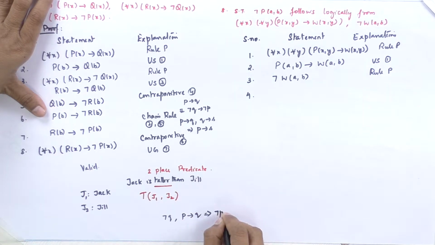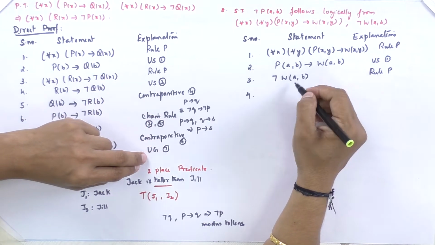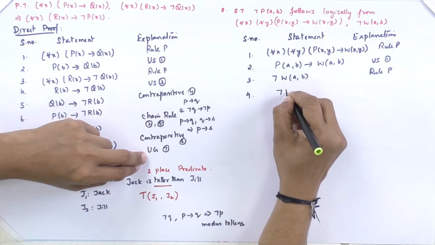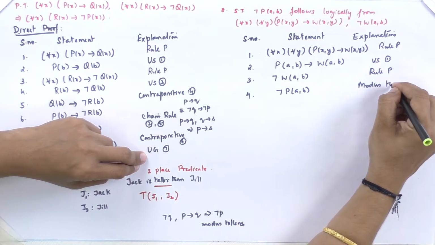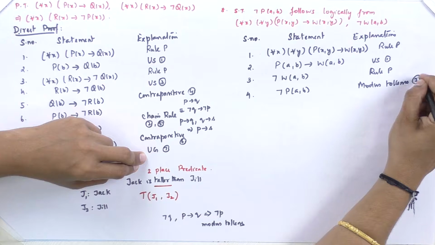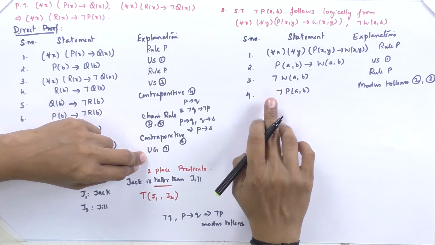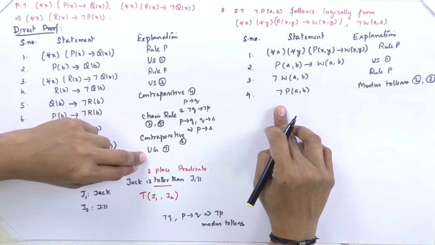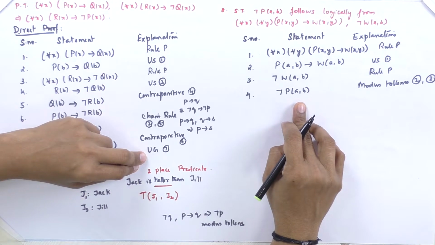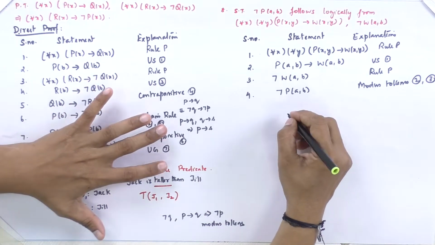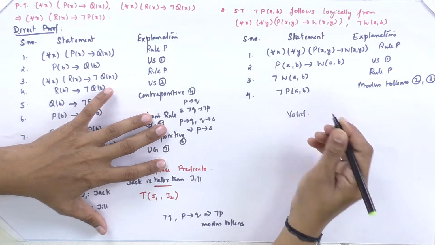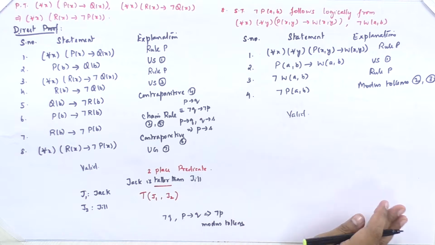So with modus tollens we will have only negation P. I am applying that modus tollens here, so that I will get negation P of A, B. So modus tollens I have applied for the second and the third step, and with that I am able to get negation P of A, B. So see here, that is the conclusion part of the problem.